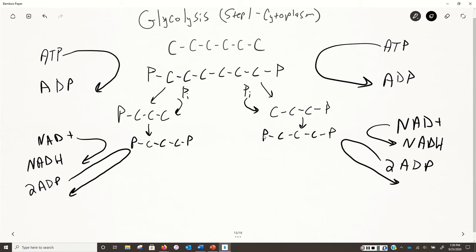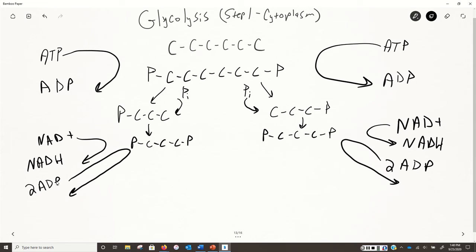An ADP will grab one phosphate and the other ADP will grab the other phosphate. So we are going to move these phosphate groups onto these ADPs. The phosphates started out attached to one molecule, and we're going to attach them to a different molecule. What did we call that? Do you remember from last lecture?